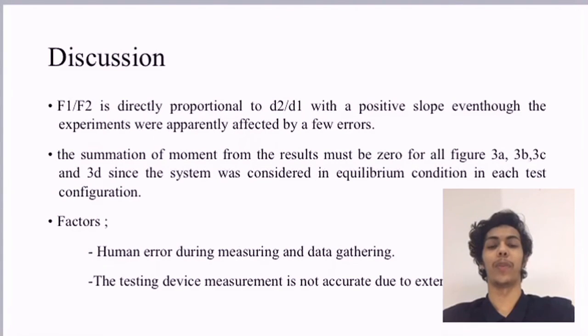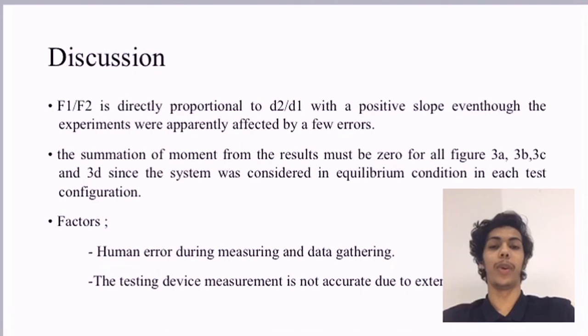My second discussion is that the summation of moments from the results must be 0 for all figures, figures 3A, 3B, 3C and 3D, since the system was considered in equilibrium in each test configuration.